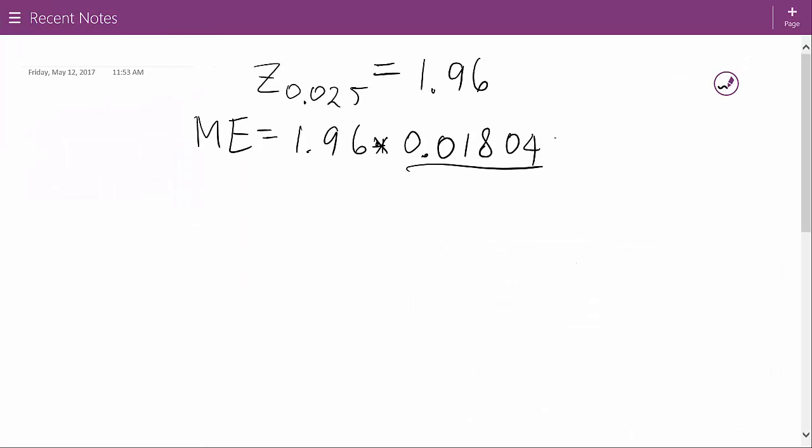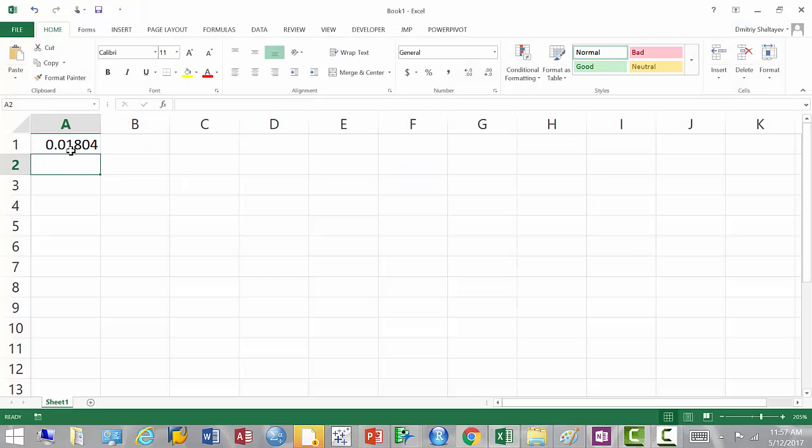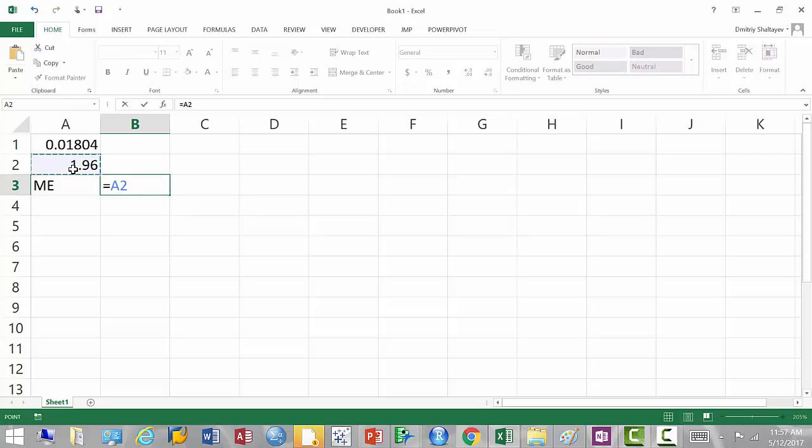Okay, so let's compute that numerically. And for that I need Excel again, right? So let me go back to Excel. Here is my standard deviation, and 1.96 is my z-value. So therefore my margin of error is equal to my z-value multiplied by the standard deviation from the sample.